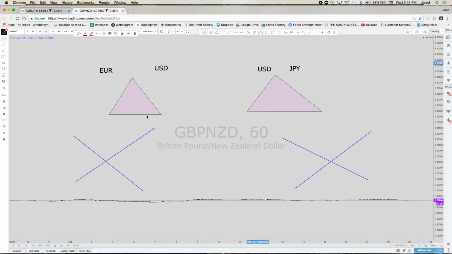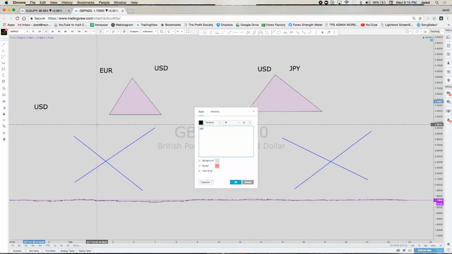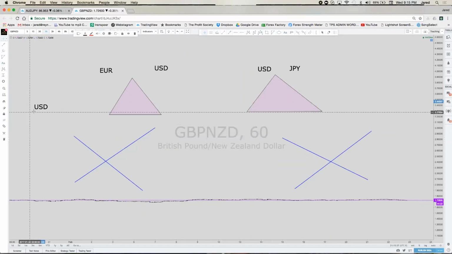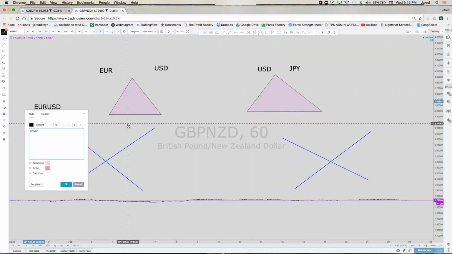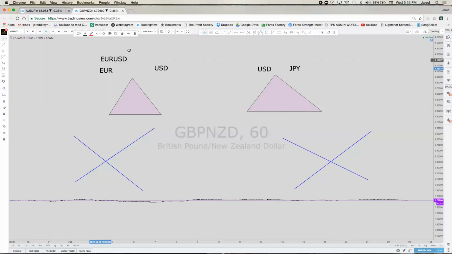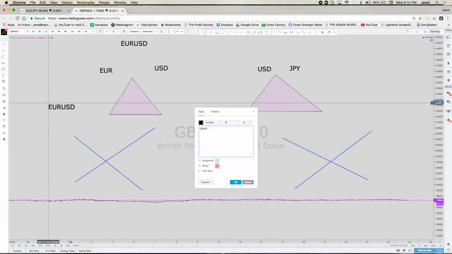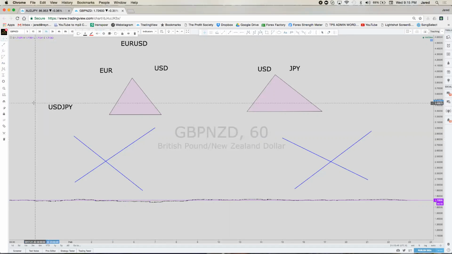So the first thing you have to know about pair correlation is how pairs move in general. So this pair here, the pair in the front, obviously they're paired because there's two currencies combined. So this exact thing here would just be, right? And this one would be, obviously, USD JPY. All right, and this is a currency pair. Now the front of the pair is the base currency.